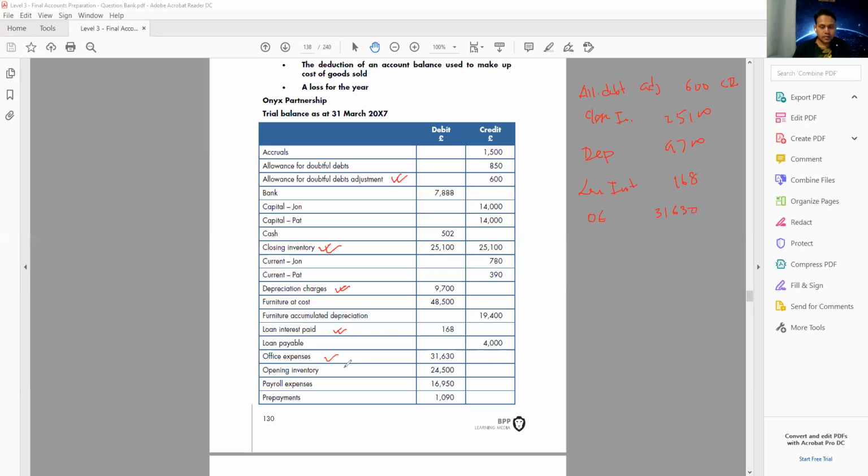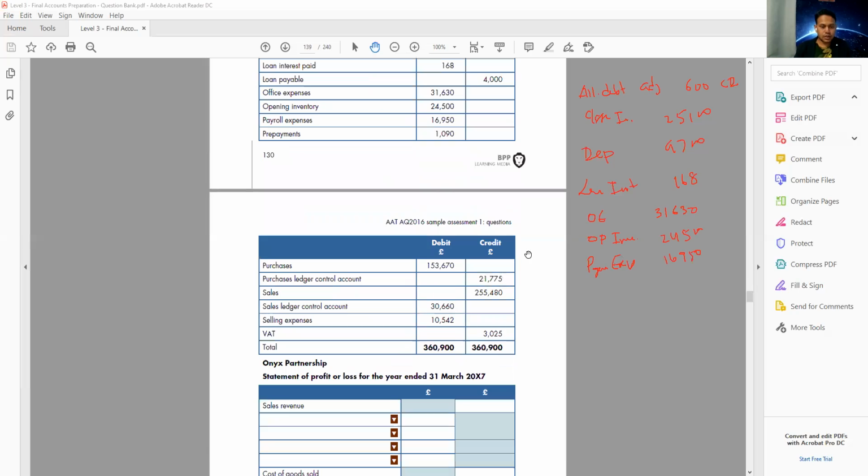Then you have opening inventory, yes, opening inventory, that is 24,500. Then payroll expense, yes, is expense, 16,950. Prepayment is not going because prepayment is an asset. It's not going.